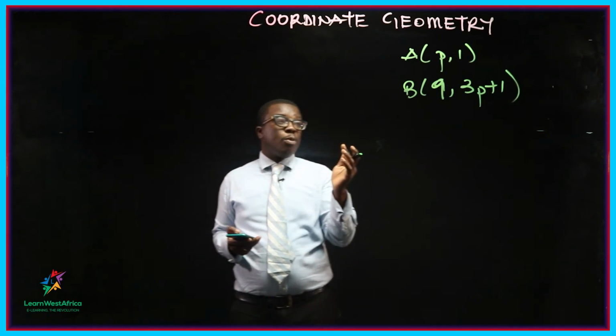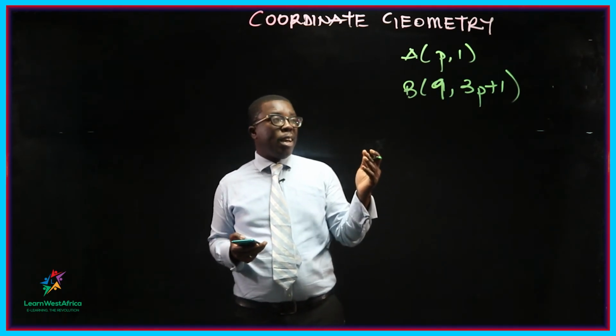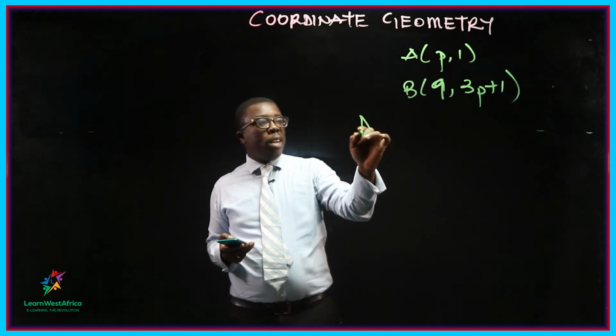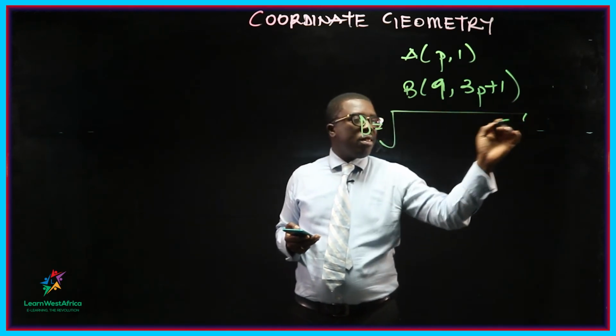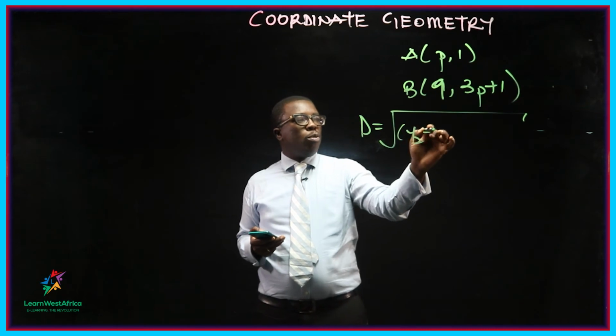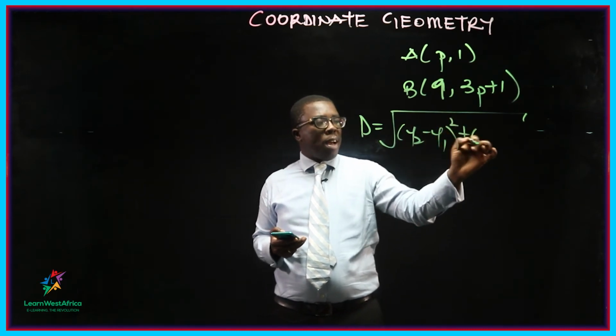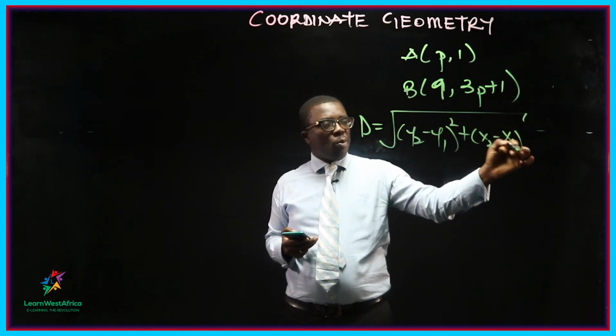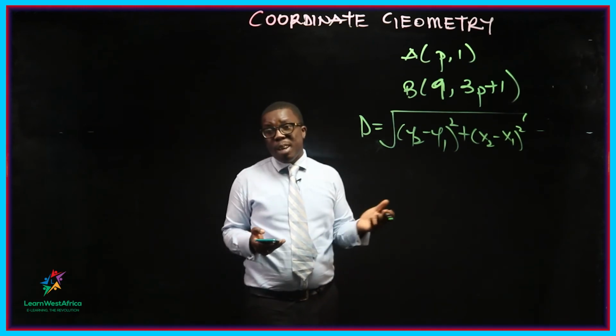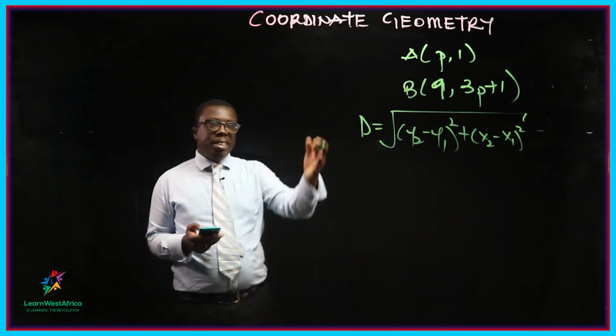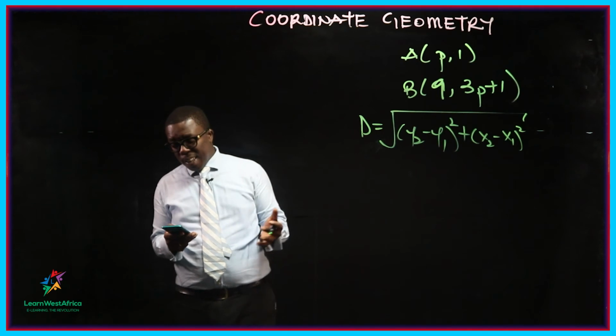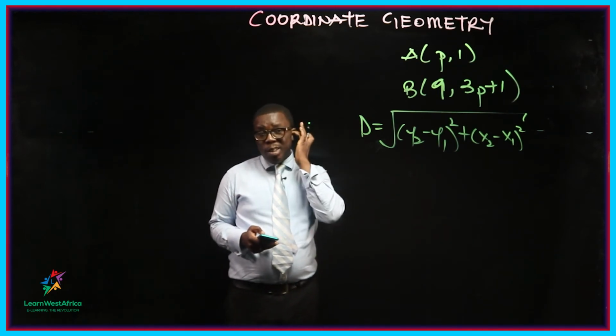Okay, so we know the distance formula already. We can use the distance formula. And we know that the distance will be equal to the root of y2 minus y1 all squared plus x2 minus x1 all squared. That's what the distance formula actually means, where d is the distance. So if the distance is 13 units, we can just slot the 13 units in there.